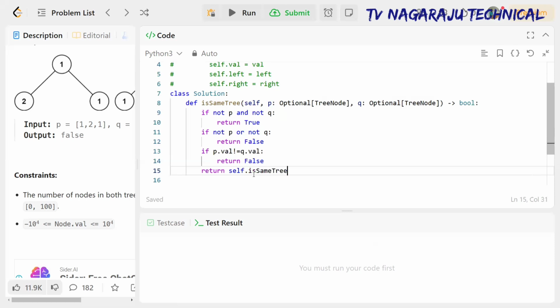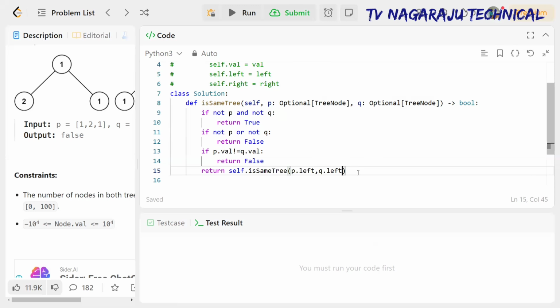Call the recursion: isSameTree of p.left, q.left. Now you got it. In the next iteration, assume the left side is 2. Now 2 becomes the p value, and this one becomes the q value.